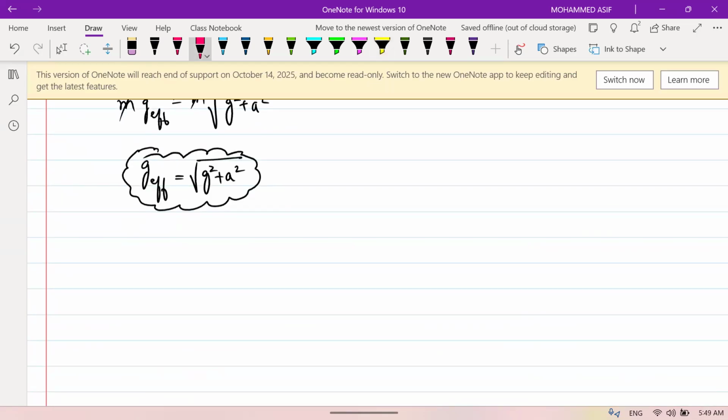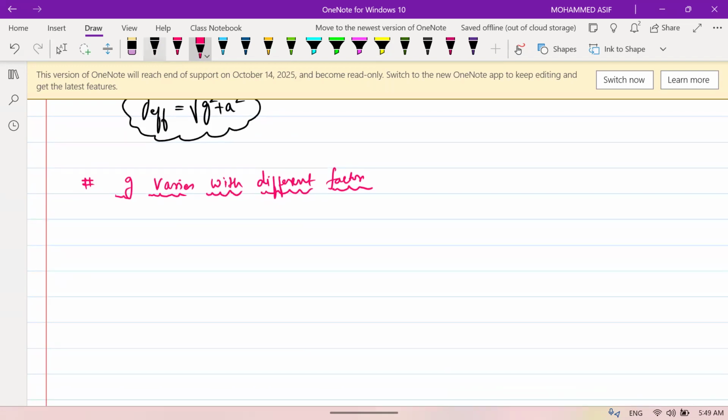As you have completed gravitation, with respect to gravitation also we can write the time period, because g is inversely proportional to the depth. So I'll write here, g varies with different factors. What are the different factors? One is with respect to height, with respect to depth, with rotation. The g value keeps on changing, isn't it?